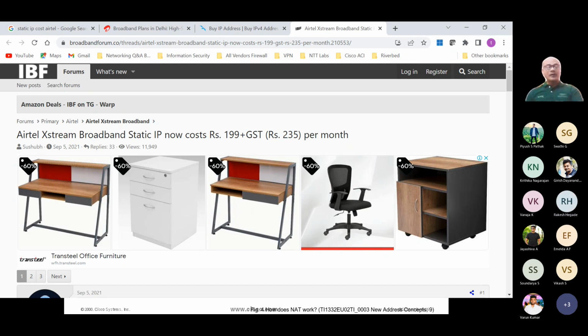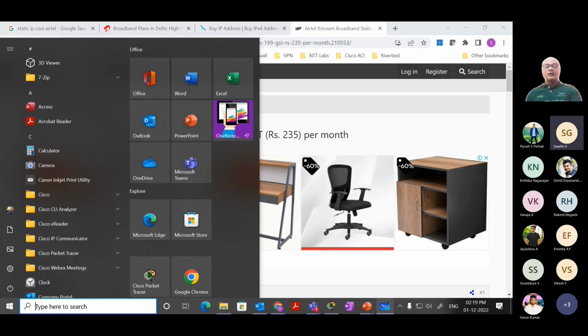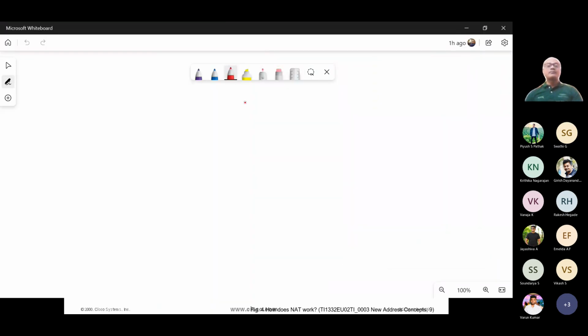Okay, it means again I have to buy the internet also, right? Yes. So you are paying 235 rupees for the static IP, then the internet connection also, so somewhere about 1,000 rupees per month plus GST, and this one also per month.